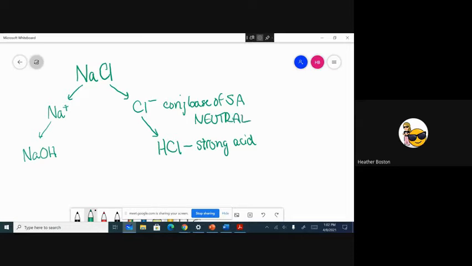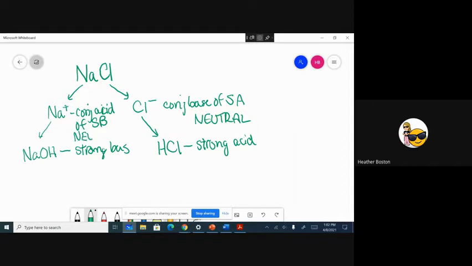This is a strong base. So this is the conjugate acid of a strong base. Therefore, it is neutral.